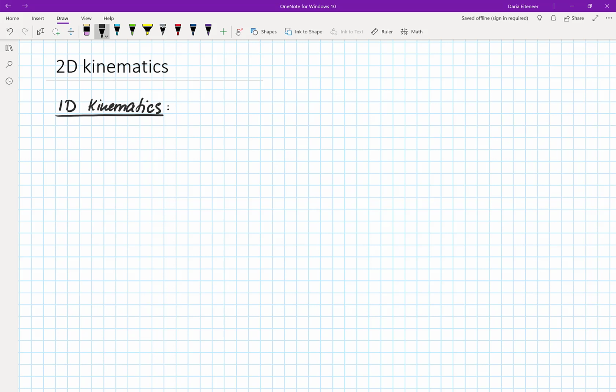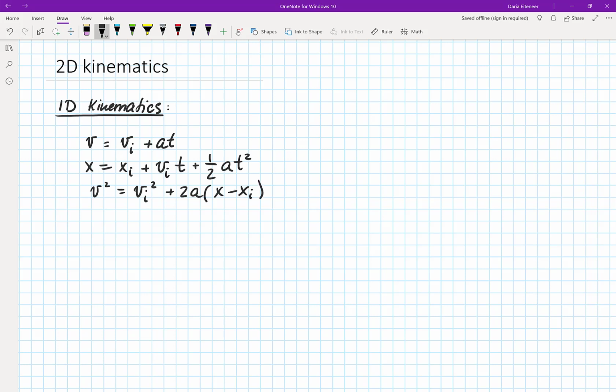We also learned three equations that we use for kinematics. I'm going to write them like this. V equals V initial plus AT. X equals X initial plus VI t plus 1/2 AT squared. And V squared equals VI squared plus 2A times X minus X initial.